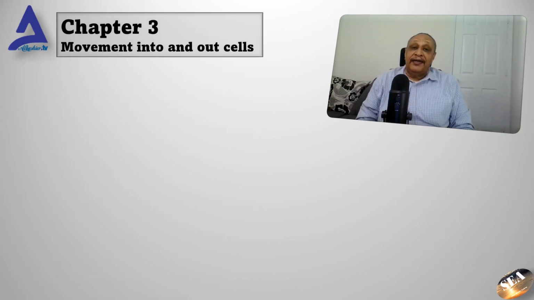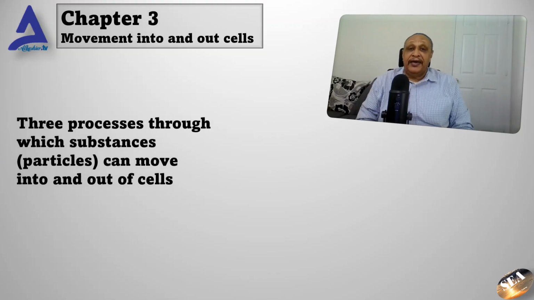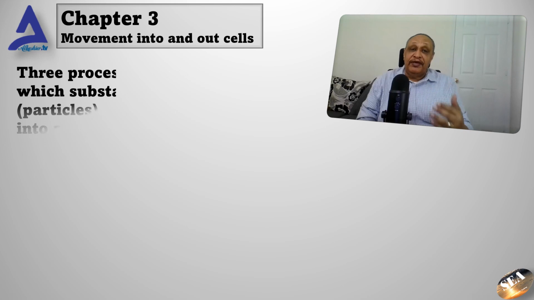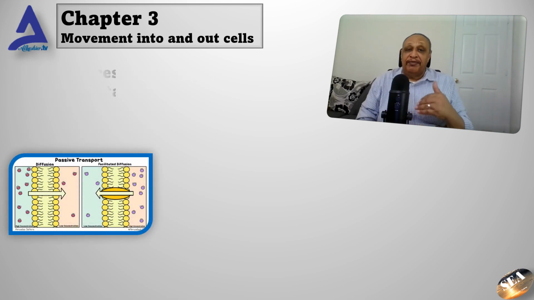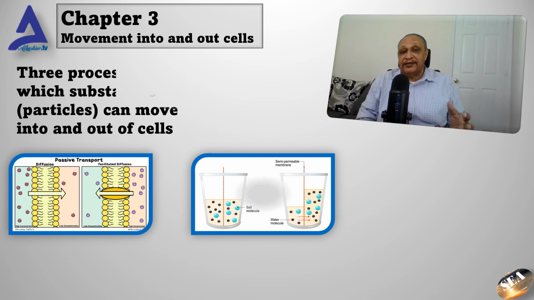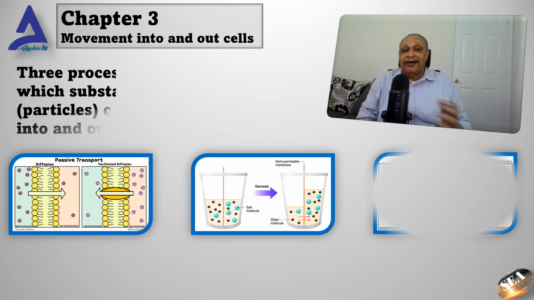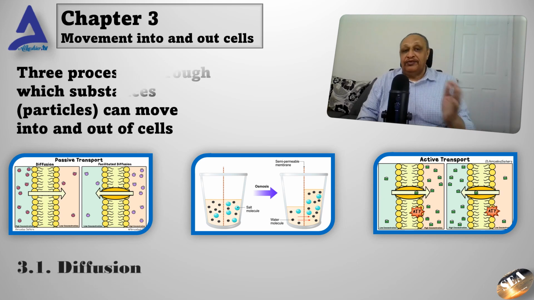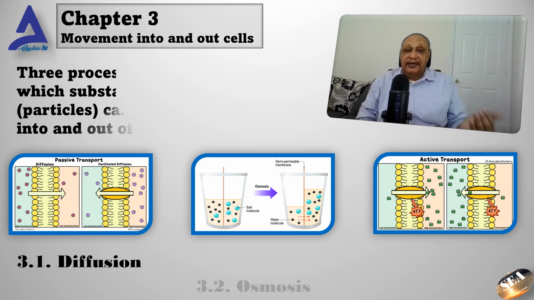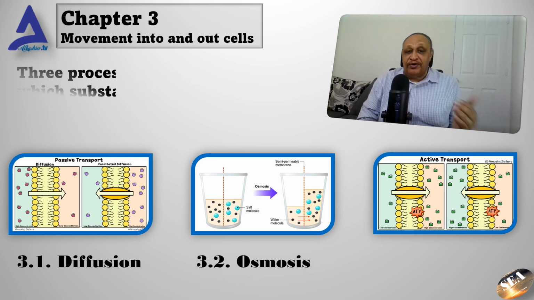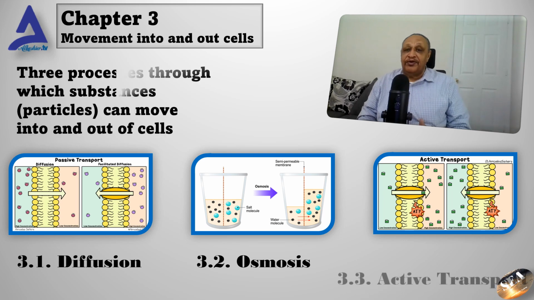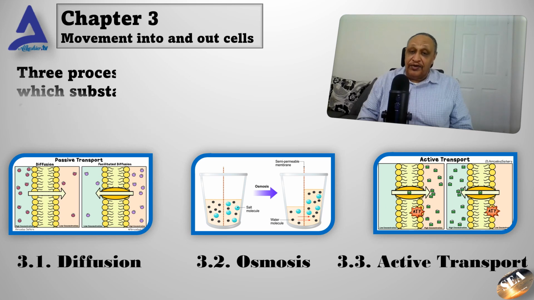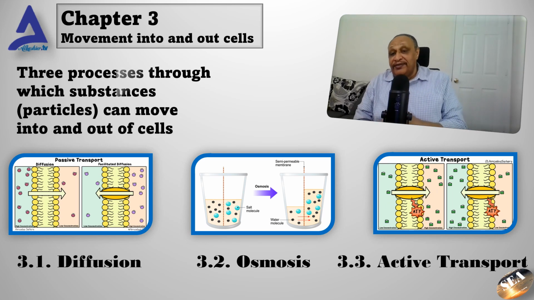From our last lectures, we agreed that there are three processes by which particles can move into or out of the cell. One of them is diffusion, which could be passive transport or active transport, and we have osmosis, and then at last we have active transport.